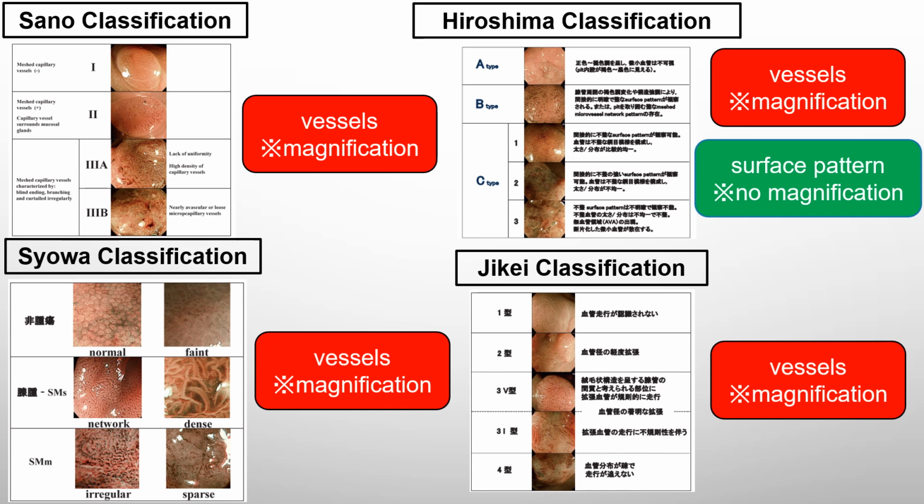The Hiroshima classification adds surface structural findings to the vascular structure of the Sano classification. Showa and GK classifications were proposed as vascular classifications after 2008.